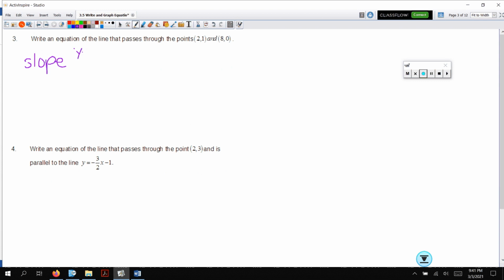All right, remember that's y2 minus y1 over x2 minus x1. Right, and I plug in my points here. I have 0 minus 1 over 8 minus 2. Negative 1 over 6 is my slope.